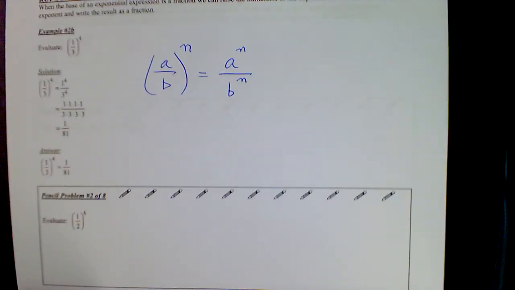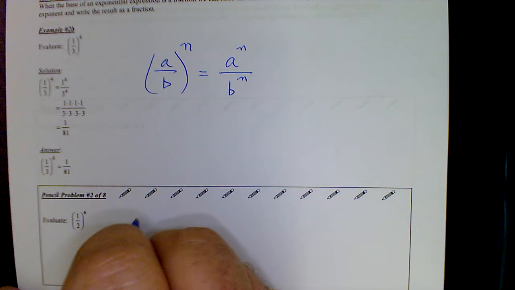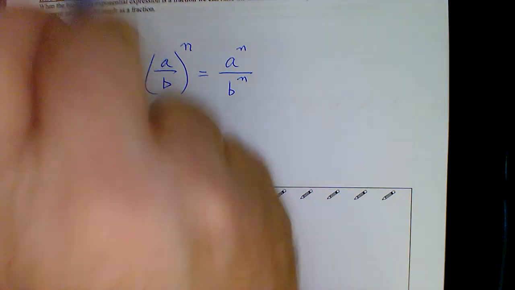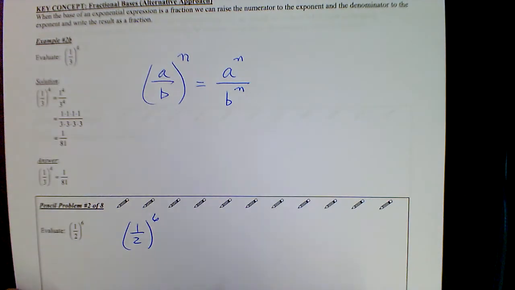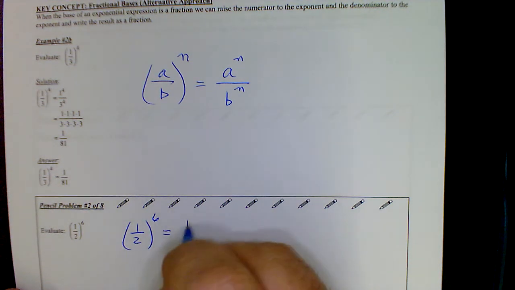That is, you raise numerator and denominator to that power and keep it as a fraction. So using that concept here, you could read either example and use whatever approach you feel more comfortable with, but I like this one.